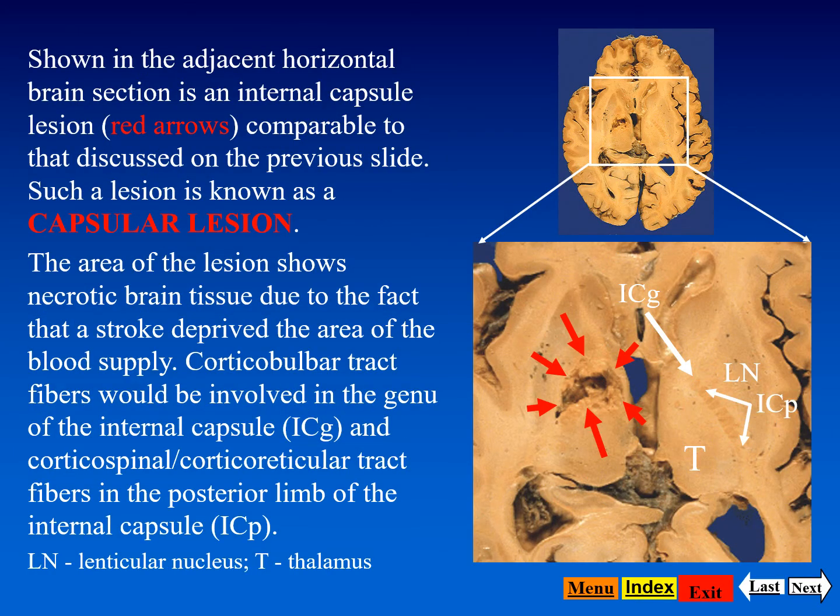Here we have a horizontal section similar to the previous section, although there is some abnormal tissue in the areas shown by the arrows. This is necrotic tissue that results when you have an occlusive stroke that deprives the brain tissue of blood supply. This happens to be in the area of the genu and posterior limb of the internal capsule.